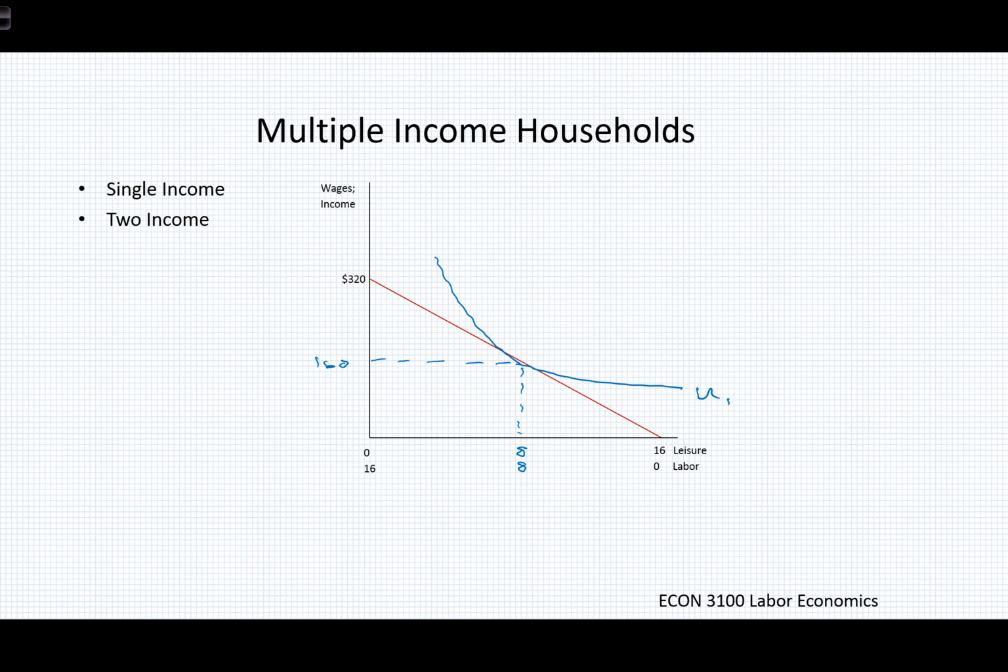And so as we're thinking about this, we're having to suppose that the household's requirements and structure for income needs remain constant. And so now if we see a second income enter the household, what are we likely to see in terms of a change in this indifference curve? Well, it's not an issue of it becoming steeper or flatter.